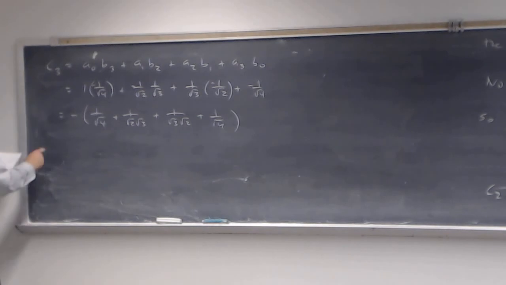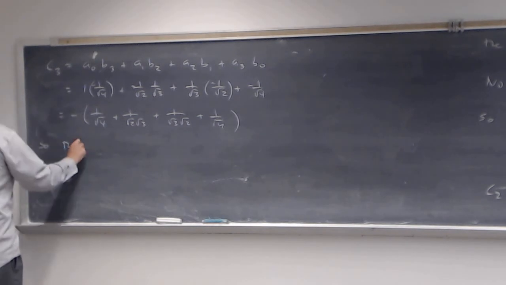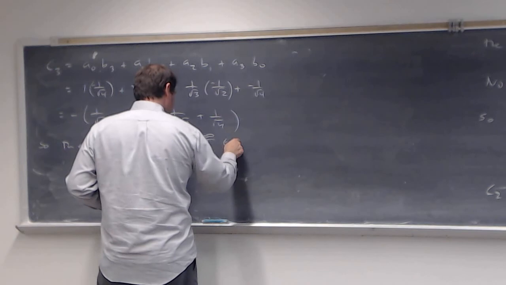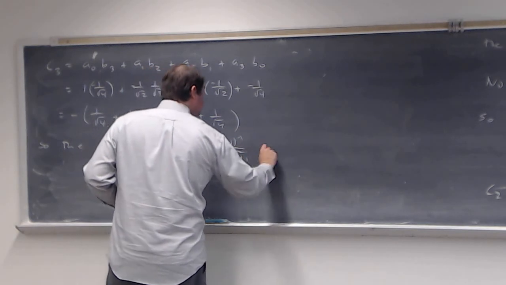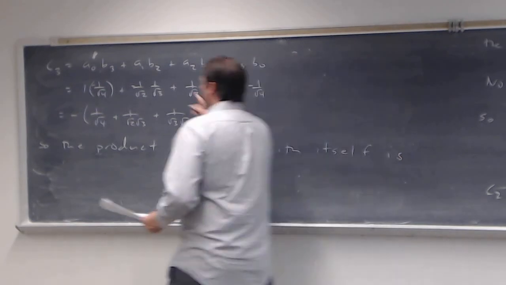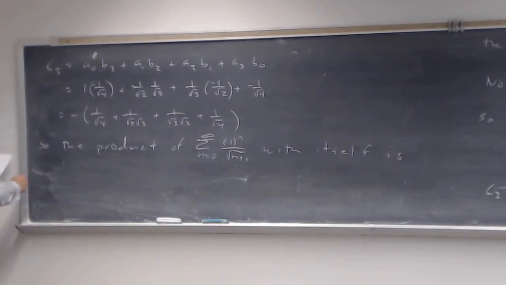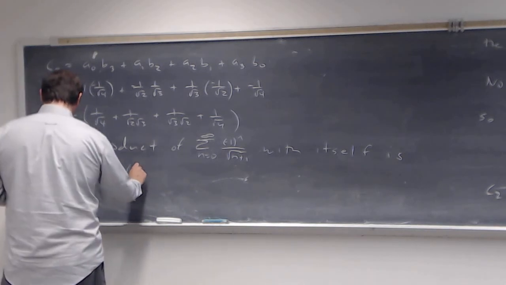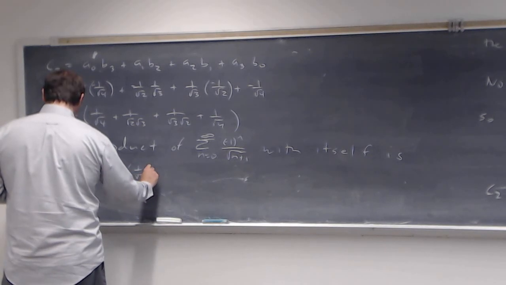And so here's what we can say. The product of this series with itself is, well, it's the sum of these C sub n's, which would be equal to 1 minus, it's just 1 over the square root of 2 plus 1 over the square root of 2.